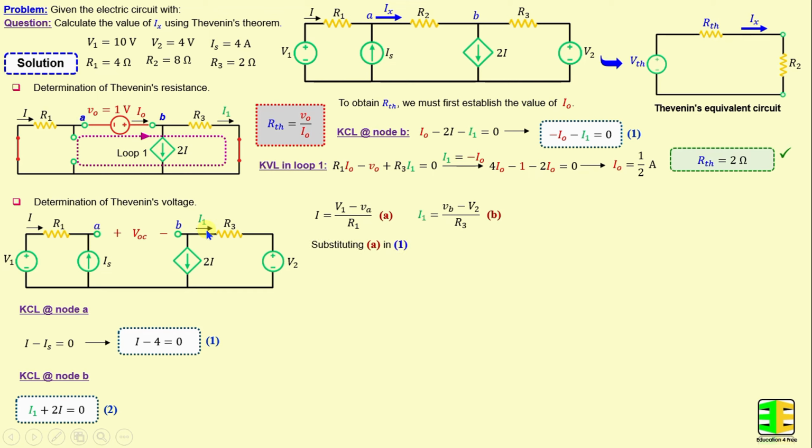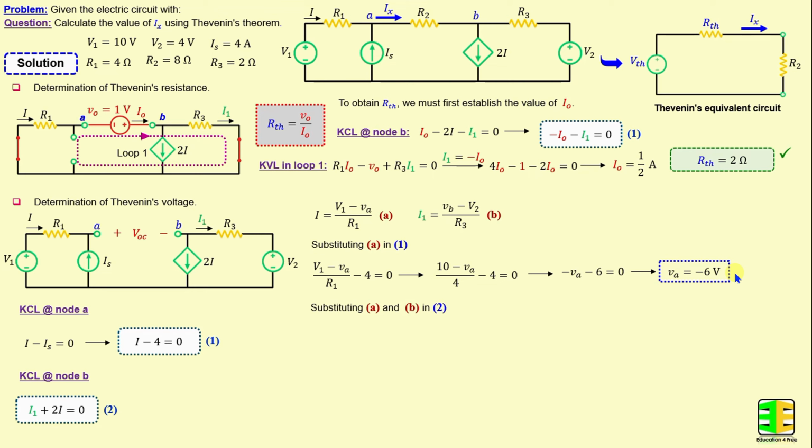Now, by substituting in equation 1, we can write V1 minus VA over R1 minus 4 is equal to 0. If we replace V1 and R1 with their numerical values and continue simplifying this equation, we obtain negative VA minus 6 is equal to 0. And from here, we can calculate VA is equal to negative 6 volts.